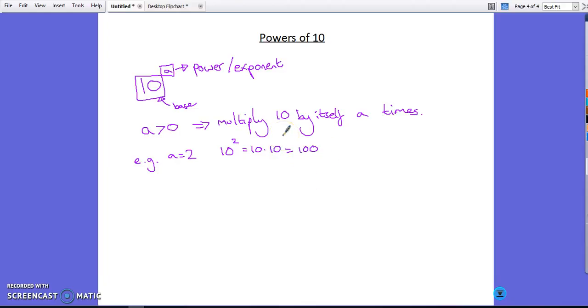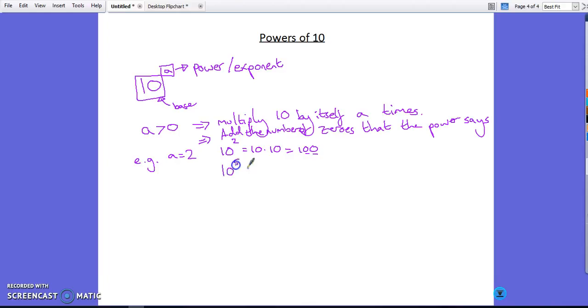And you notice that with these ones, when A is bigger than 0, we just add the number of zeros that the power says. So 10 to the power of 2, 2 zeros after the 1.